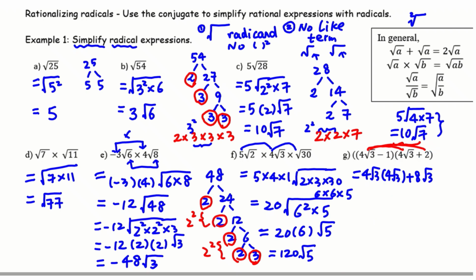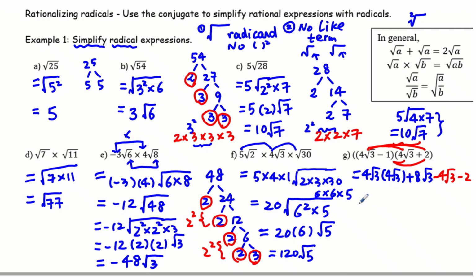Then after that, we are going to do the -1 times each term in the second bracket. So -1 times 4 square root 3, -1 times 4 is -4. Then -1 times 2 is -2.